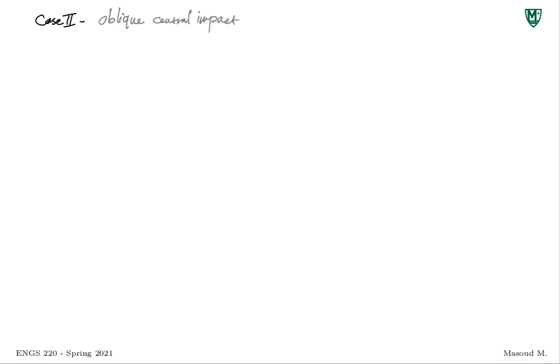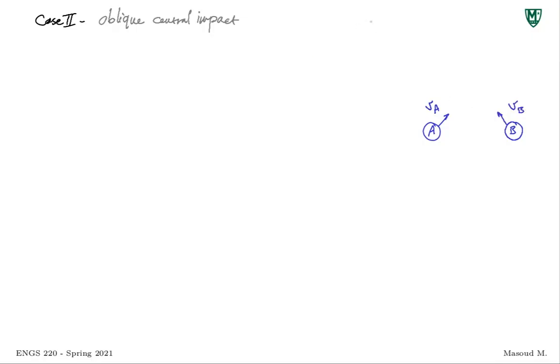In this case, you can think about, let's say we have A, and this is B. Two objects, two particles. Let's say A is moving in this direction with velocity VA, and B is moving in this direction with velocity VB.